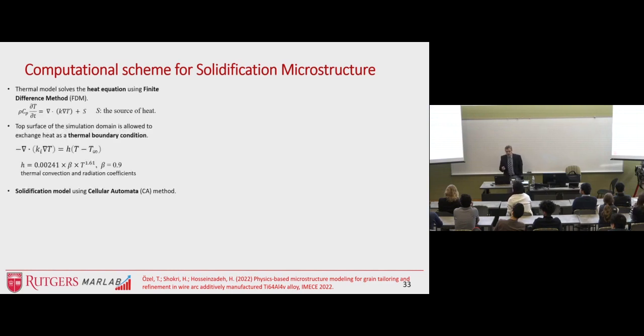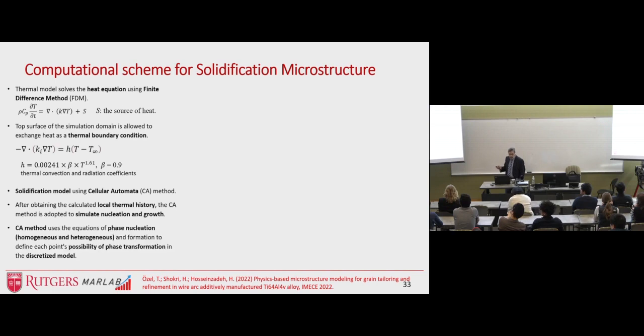So the computational scheme is essentially solving the heat transfer equation, but this time we're using the finite difference method. And then we have thermal boundary conditions. And for the solidification model, we are using a cellular automata model and using the local thermal history. From this, we are simulating the nucleation and growth.